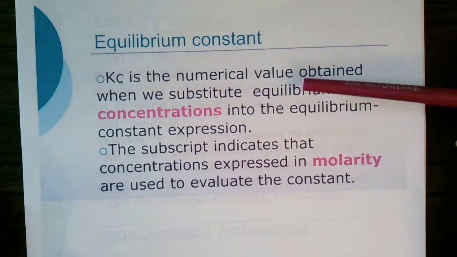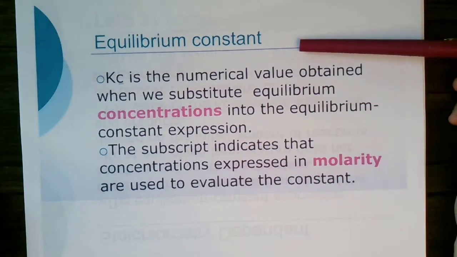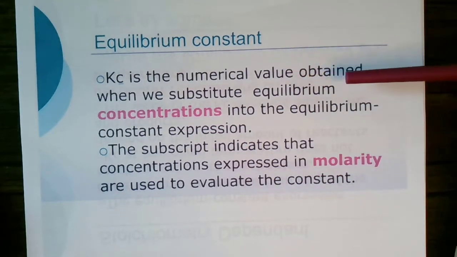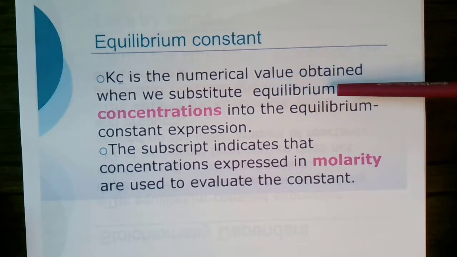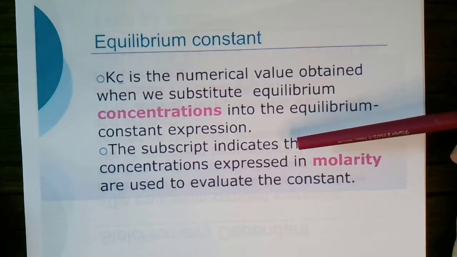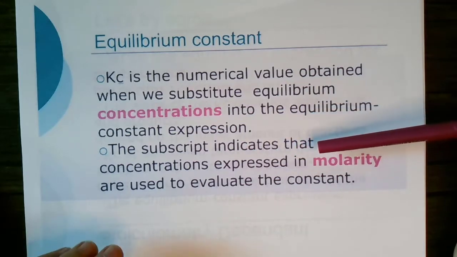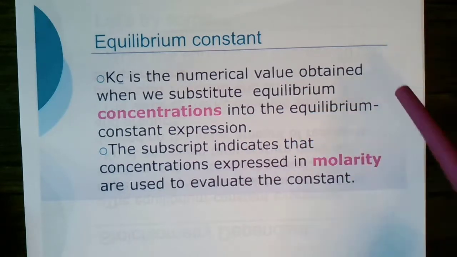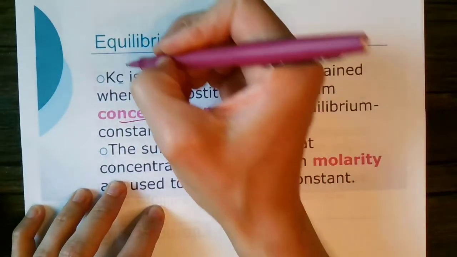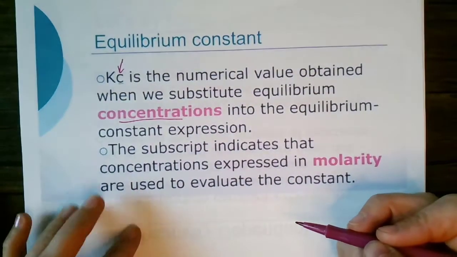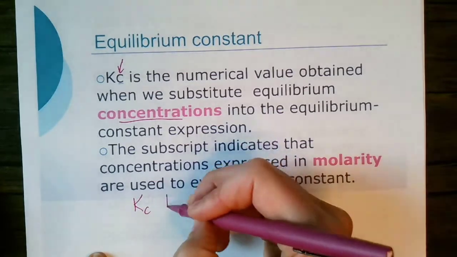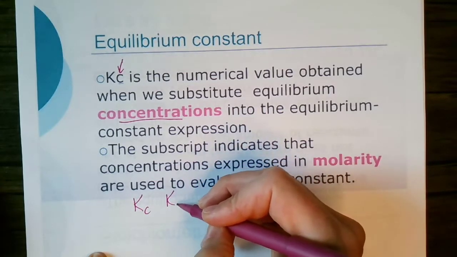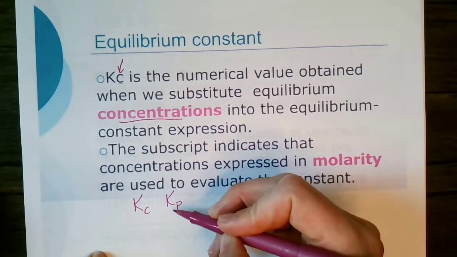So that equilibrium constant that gives us our numerical value, again, we obtain it when we substitute equilibrium concentrations into that expression. The subscript indicates that concentrations expressed in molarity are used to evaluate the constant. And again, that is because we denoted this Kc. Even in this chapter, we're going to be looking at Kp, pressure constants.